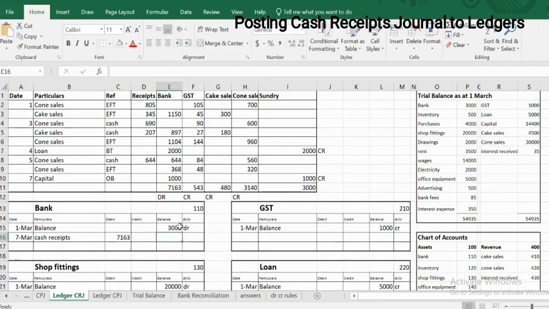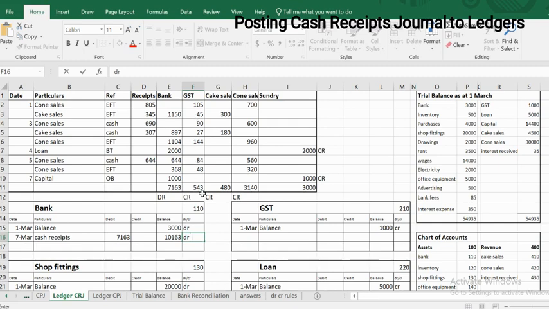Now, if you can see there, I already had 3,000 debits. I've debited it more. So it's going to be a bigger debit number. So we're going to add those two together and we're going to get 10,163. And this is a really big debit number. So I'm writing debit there.